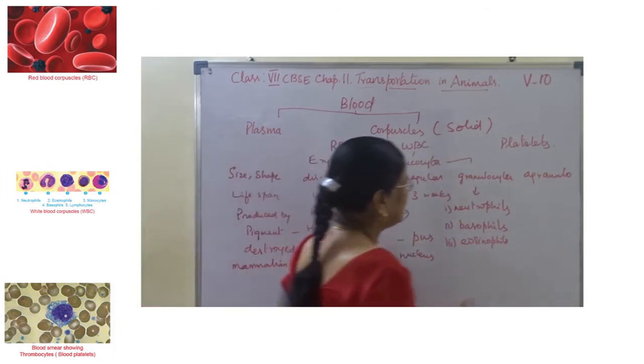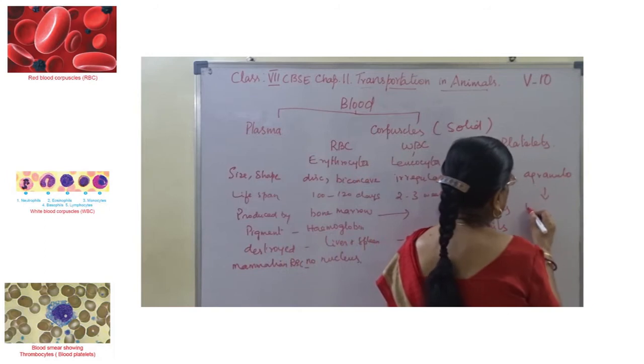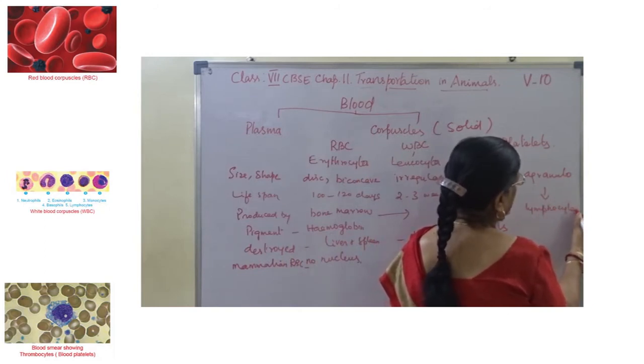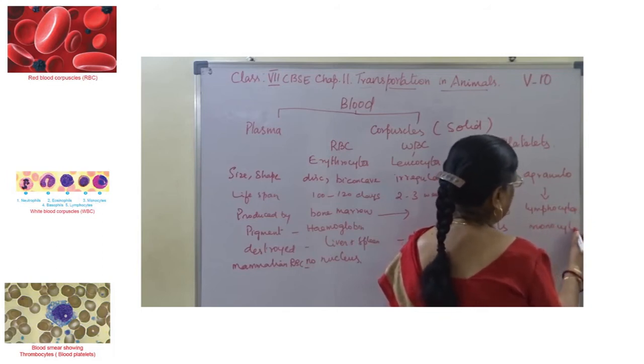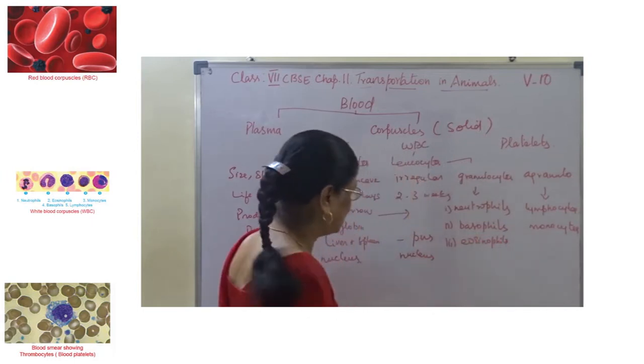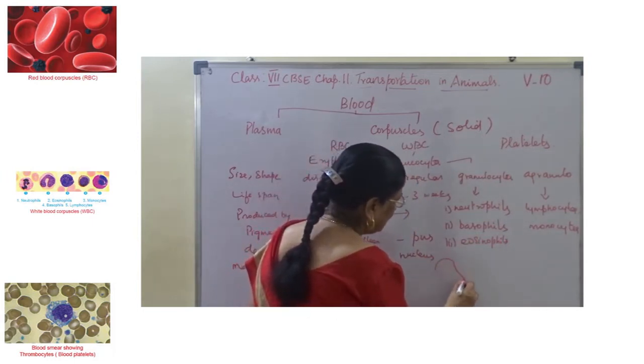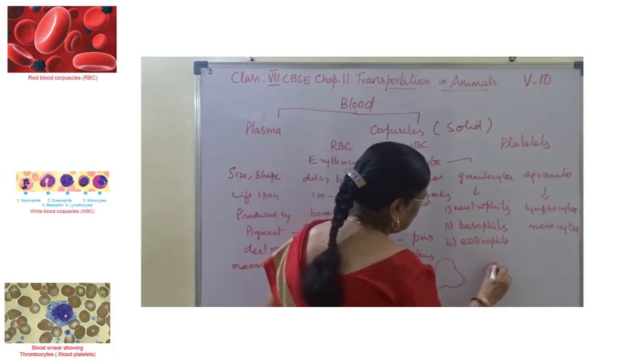Whereas agranulocytes are lymphocytes and monocytes. And they are irregular in shape like this.